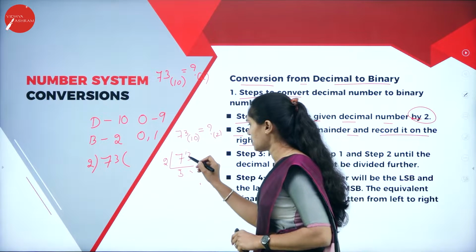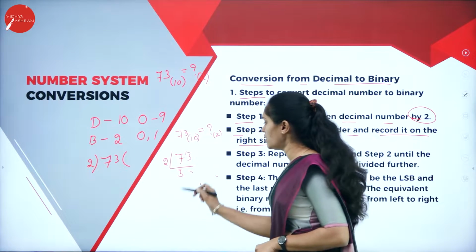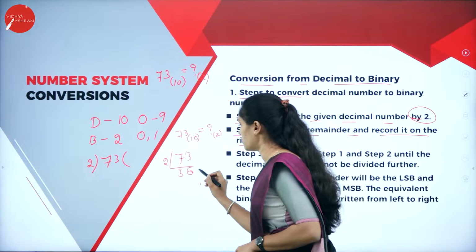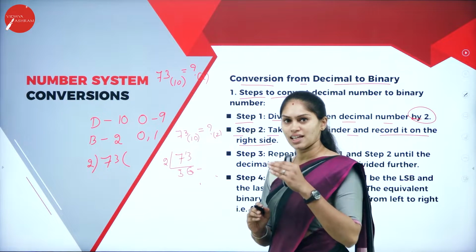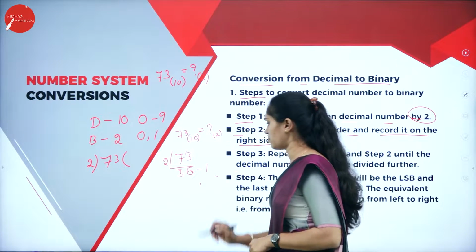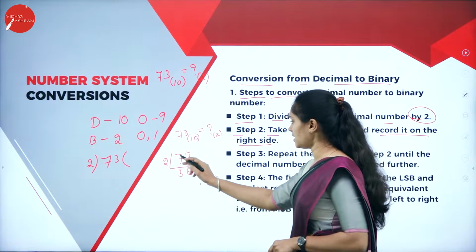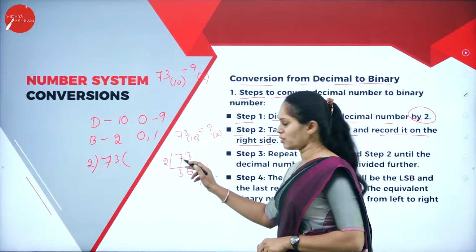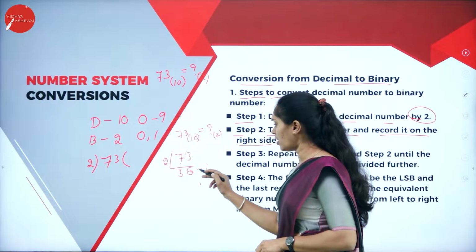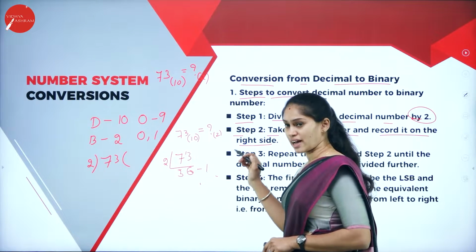I am going to take this here. Then it becomes 13 now. So 2 6s are 12. What is the remainder? 13 minus 12, the remainder is 1. I have divided a given decimal number by 2 and I have recorded its remainder on the right side.